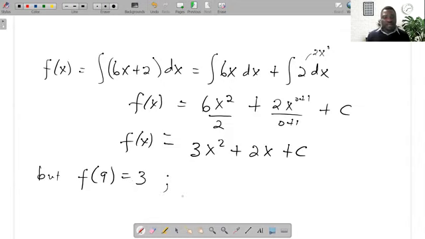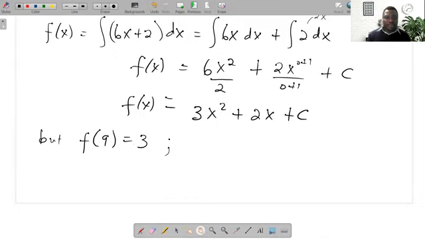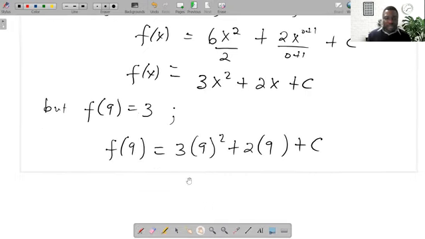And so if that is the case, I'm going to go up here and do my f of 9. f of 9 equal 3, 9 squared plus 2, 9 plus c. But again, f of 9 equal 3.